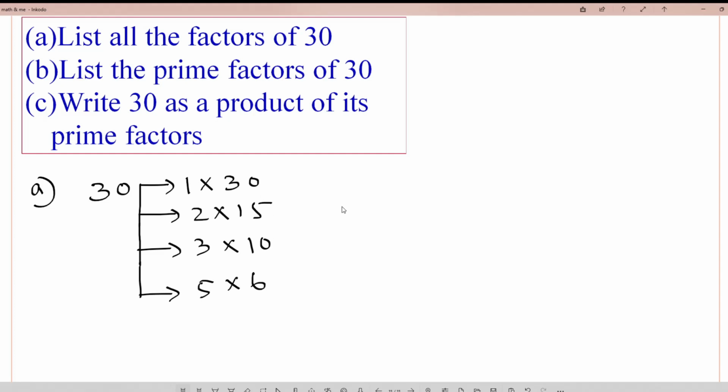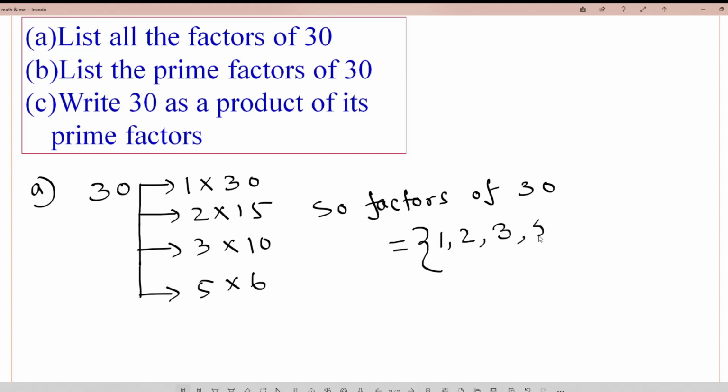So that's enough. So factors of 30 equals 1, 2, 3, 5, 6, 10, 15 and 30.